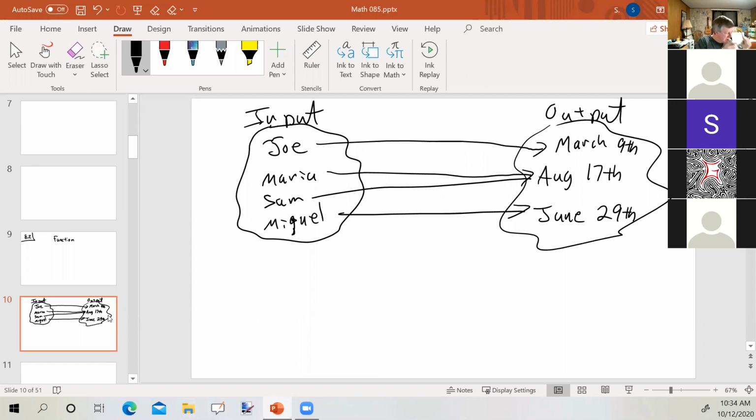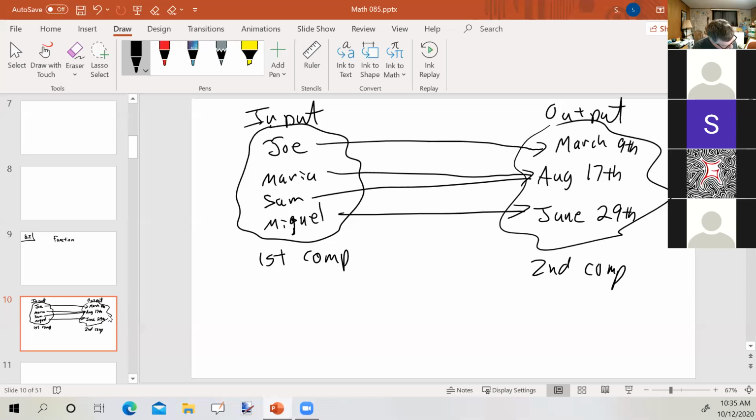Let me read the definition again. It says, a function is a set of ordered pairs in which to each first component, so this is going to be the first component, there corresponds exactly one second component. So we'll call the input or the people's names the first component, the output or the people's birthdays the second component.